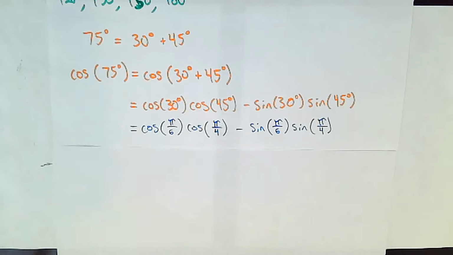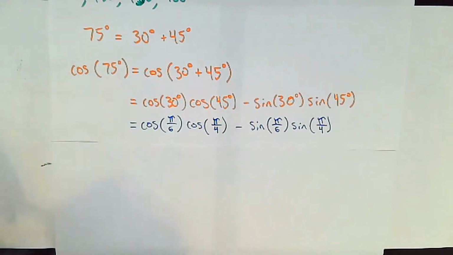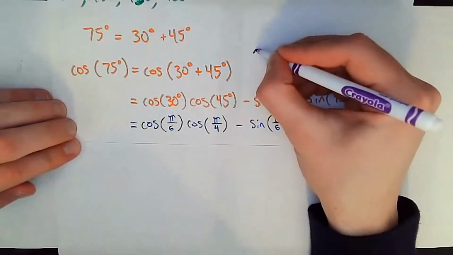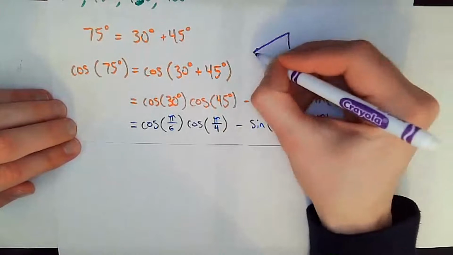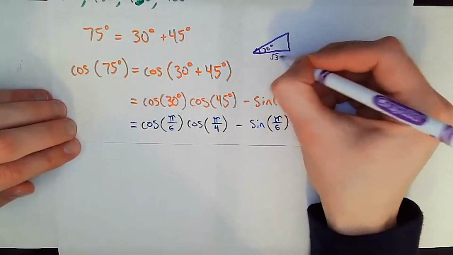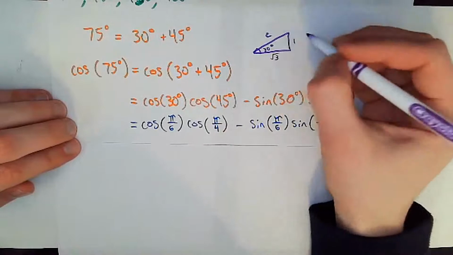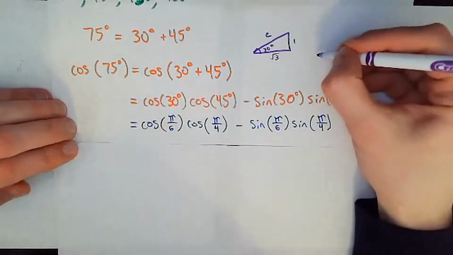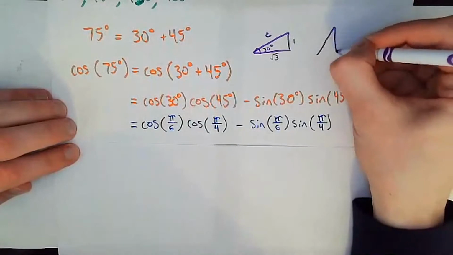Now we need to think about what each of these evaluates to. So I need my little reference triangles, and I'll just draw them using degrees. A 30, 60, 90, where there's the 30-degree angle. This side's going to be square root of 3, this side's going to be 1, and that's going to be 2. I'll use that for the 30-degree angle inputs.